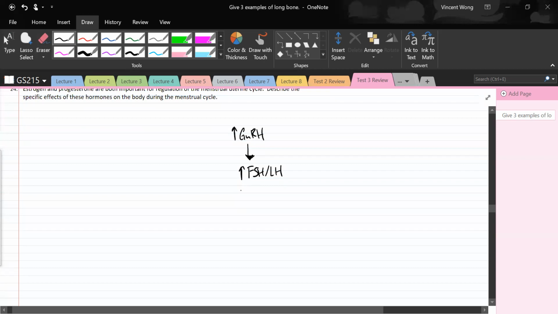We know that, and it's going to develop the follicle, which leads to an increase in estrogen. Of course, this is from the hypothalamus, and this is from the anterior pituitary gland. And then the estrogen will thicken the endometrium.